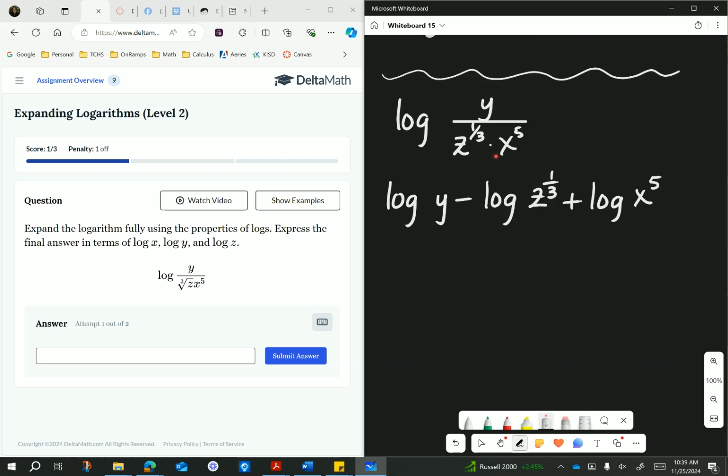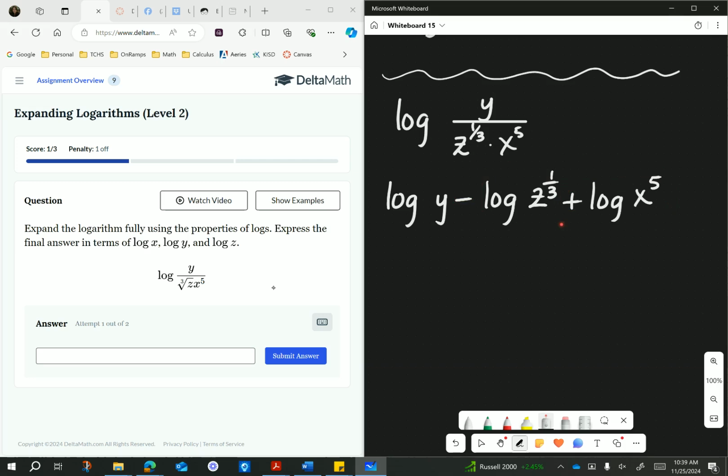But what you need to understand is that this was first mentioned in our problem, and that minus, which is this division that became a minus, is actually being subtracted from this entire thing. So in essence, this minus is distributing to both of these. So this plus should actually be a minus.